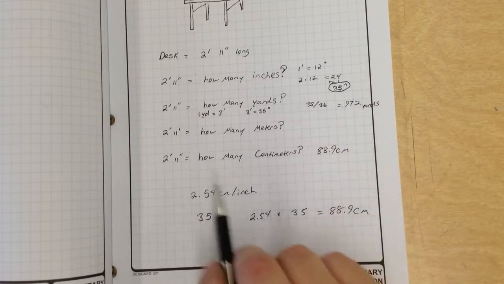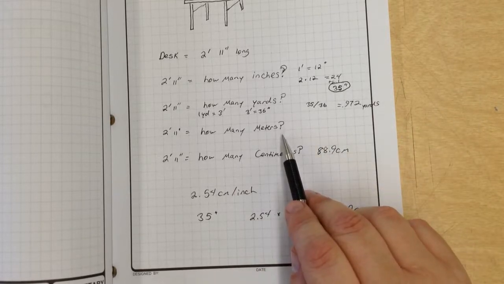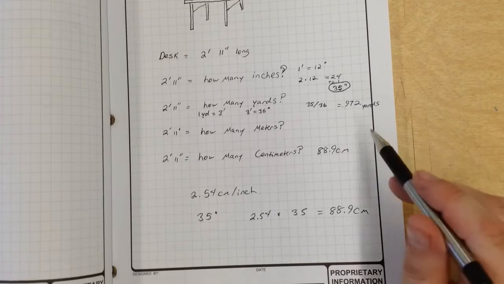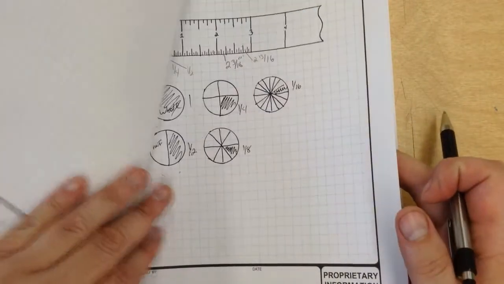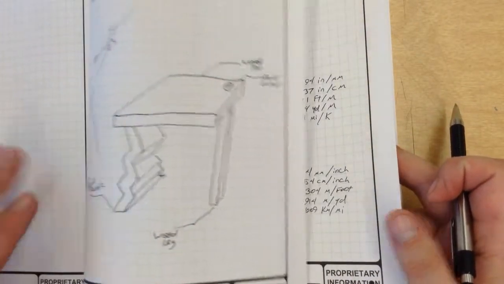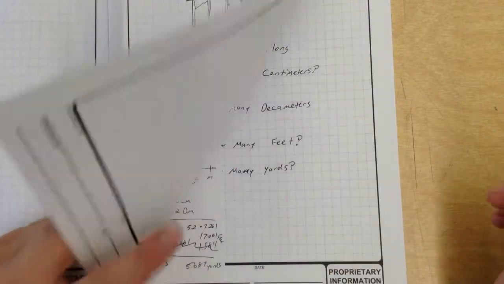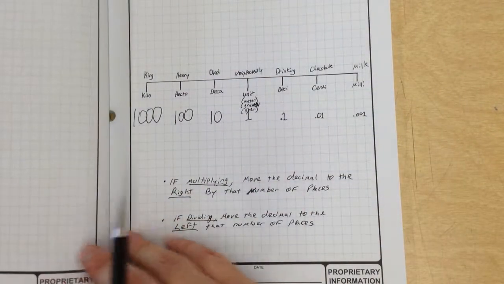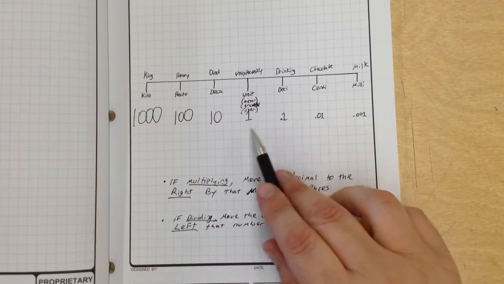Now this is really easy. Now that we figured out how many centimeters, we just need to figure out how many meters that is. Now the metric system is absolutely beautiful for that. We're working with centimeters right here, and we need to go to meters.